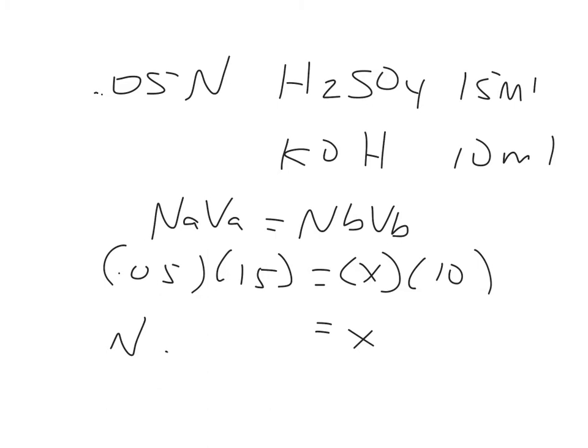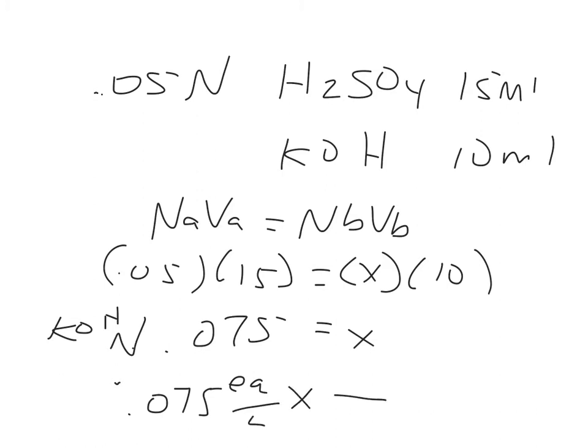I'm going to solve for x, and that's going to give me the normality of my KOH. That gives me 0.075 normality. Now, the question was, what is the molarity? So I'm now going to go back and convert my KOH normality back to molarity. To do that, I'll have 0.075, and this is equivalents over liters. I'm going to multiply that times... now looking at this problem, KOH has 1 OH.